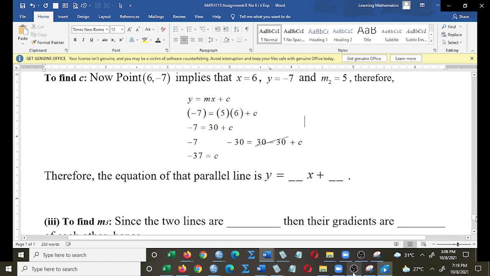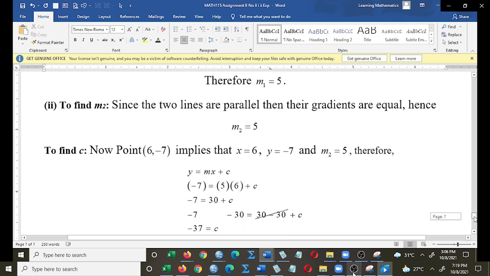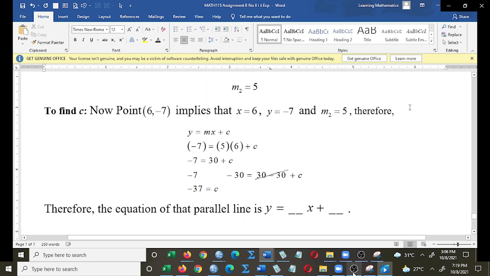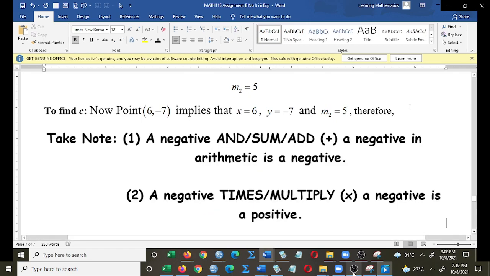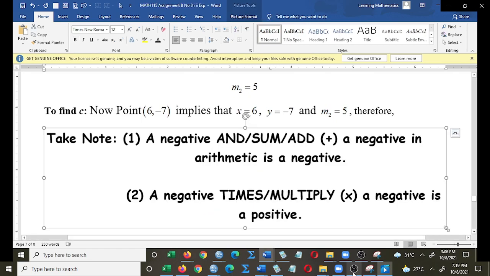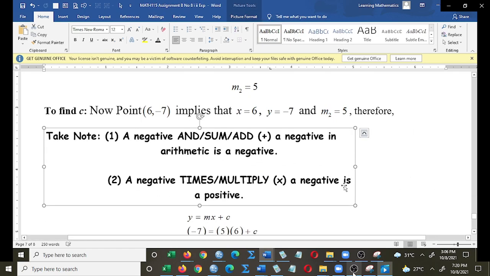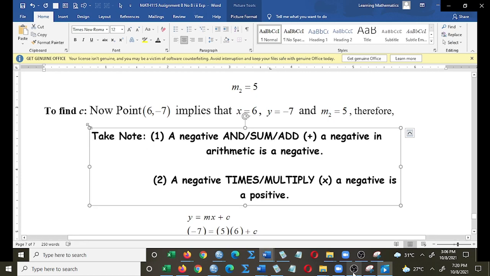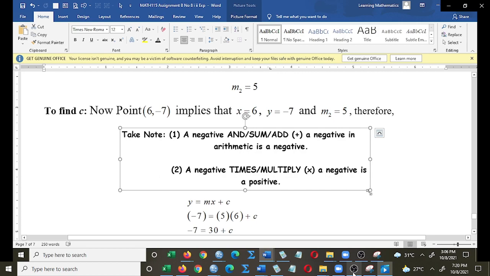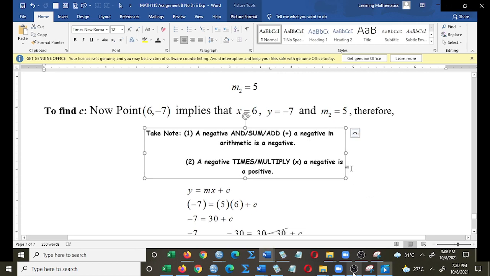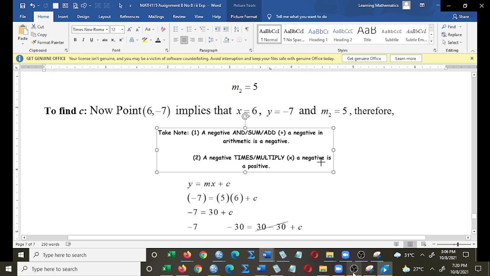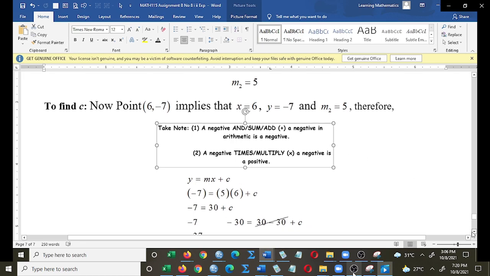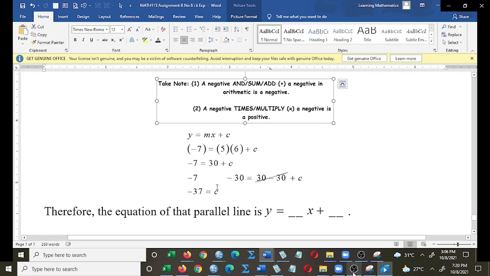Okay, so just remind yourself that a negative and a negative in algebra is a negative. Take note of this. So that's why a negative 7 and a negative 30 is equal to negative 37.